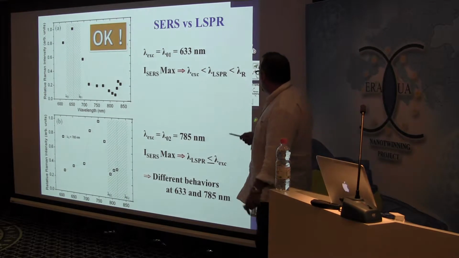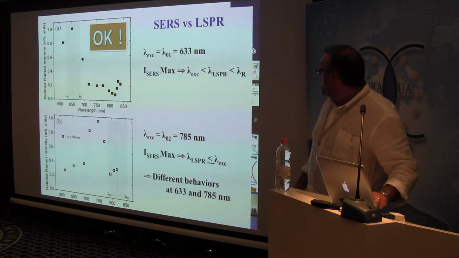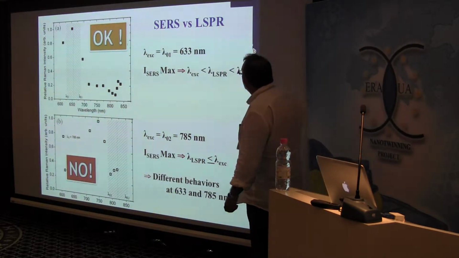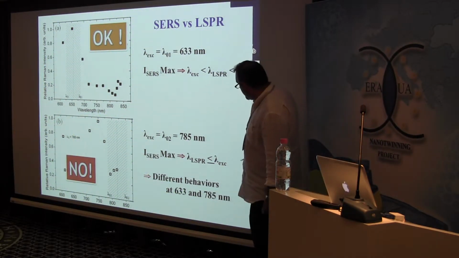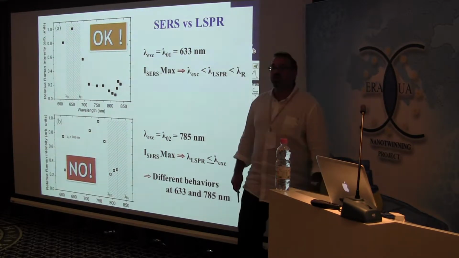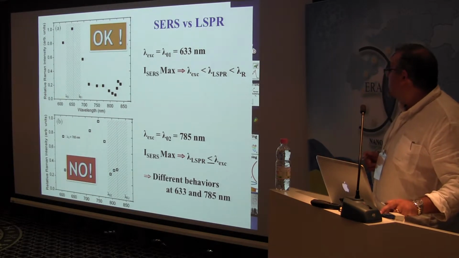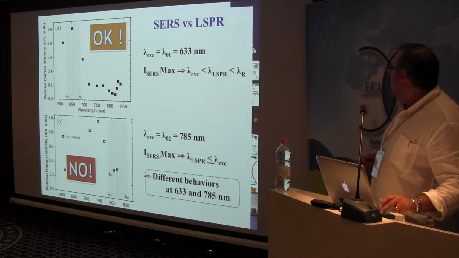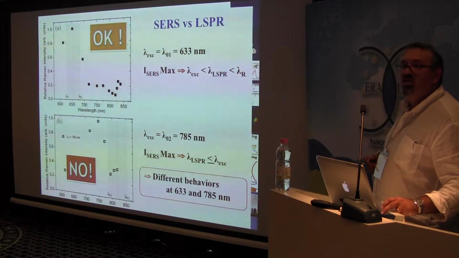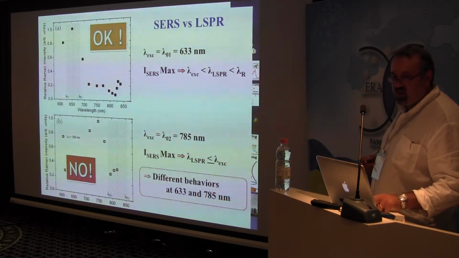But if we move to the near infrared, things are not so clear, in the sense that maximum enhancement was not obtained fulfilling this condition, but lambda excitation was less than lambda SPR. So this is not evident, and tells us that there are different behaviors at 633 and 785. Something is not yet well understood.